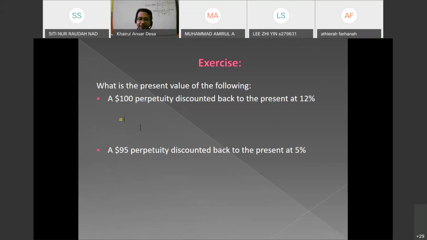Okay, the first one is 833.33, and the next one is 1900. Okay, semua boleh jawab kan? Alif pun boleh jawab. Thank you very much.